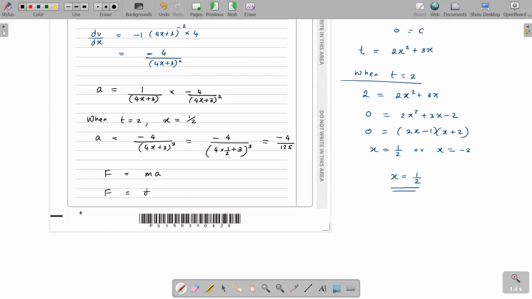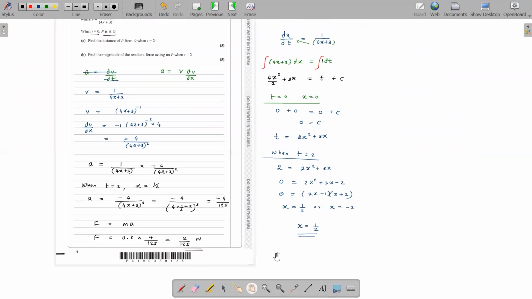So mass is 0.5, and for acceleration, just use 4 over 125. You don't need the negative. The acceleration being negative means it's a deceleration, but all you do is use 4 over 125. The magnitude of the force is 2 over 125 newtons.